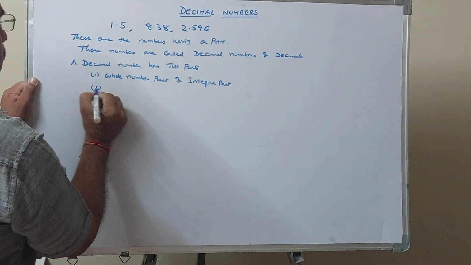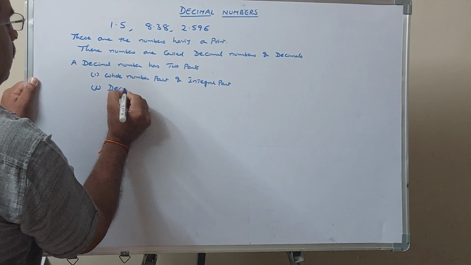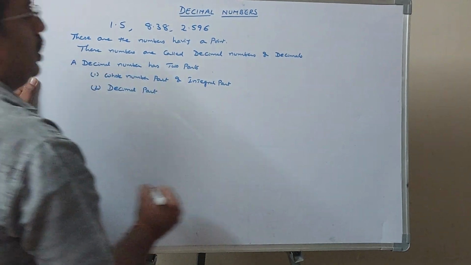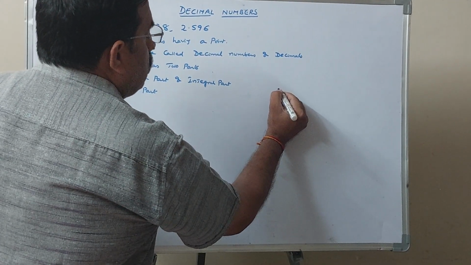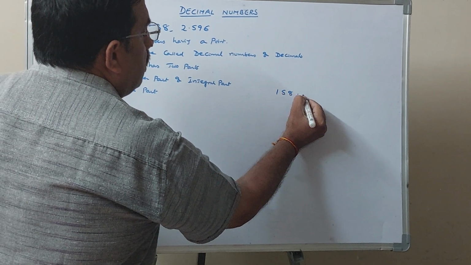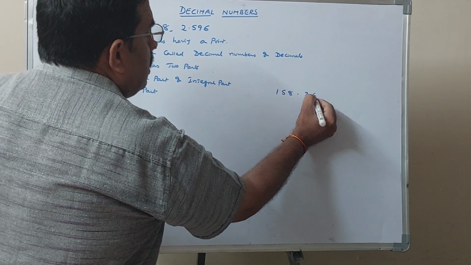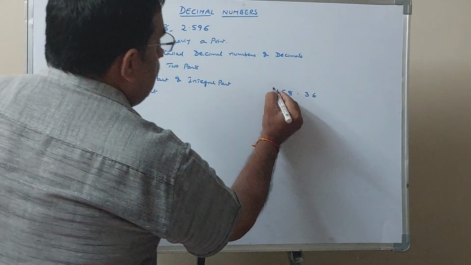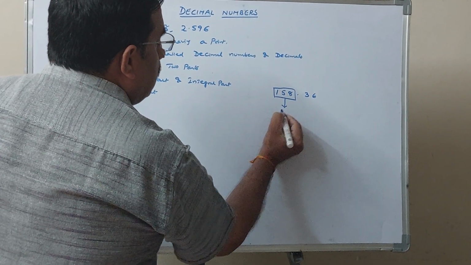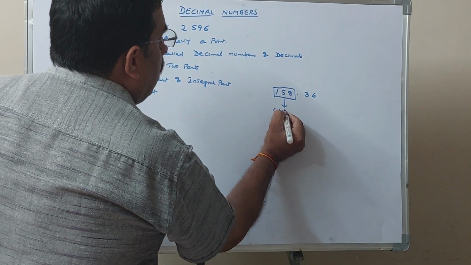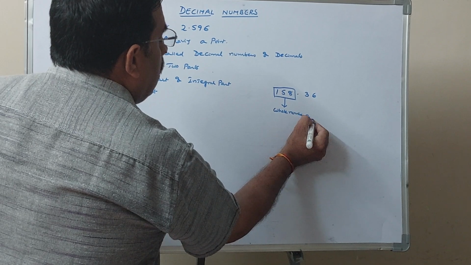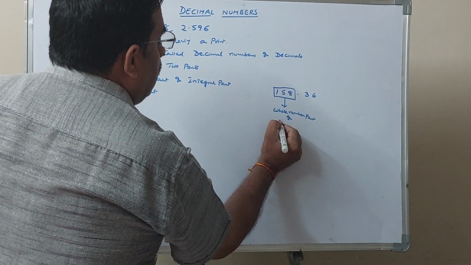Second one is called the decimal part. So here it is. Suppose, for example, 158.36. This is called the whole number part or integral part.